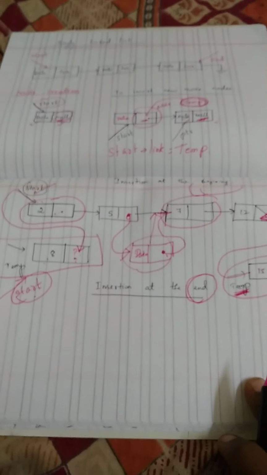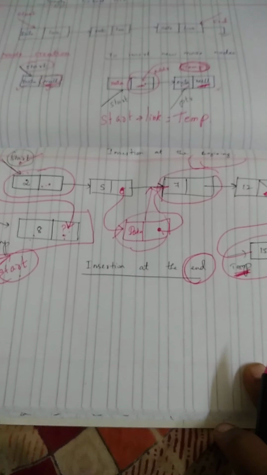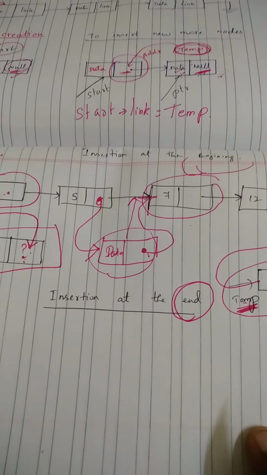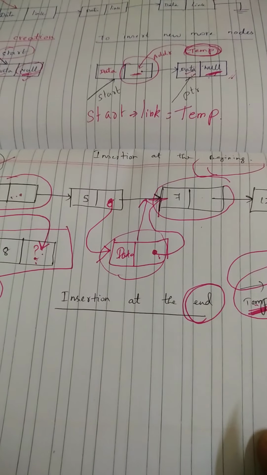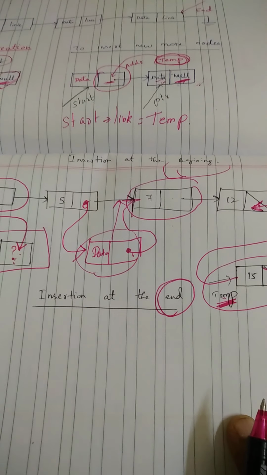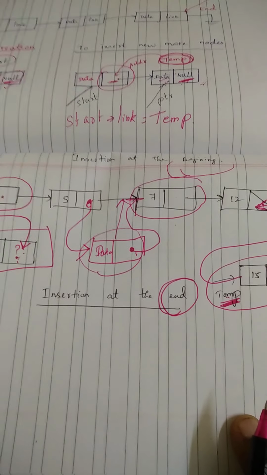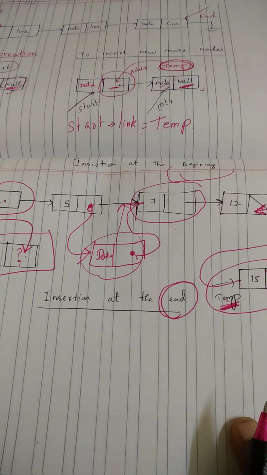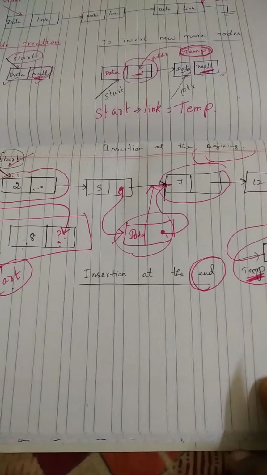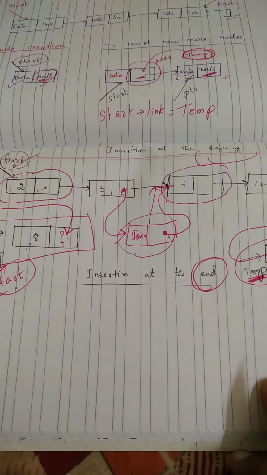So this is what you should do when you insert an element either at the beginning, at the end, or in between, in the sense of the middle of a list. The only thing you have to do is properly update the next pointer values.